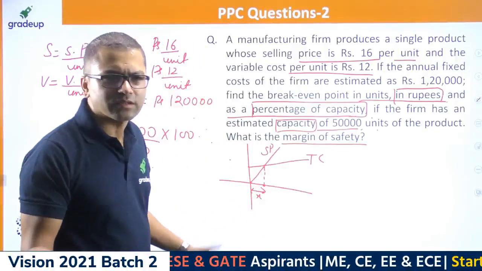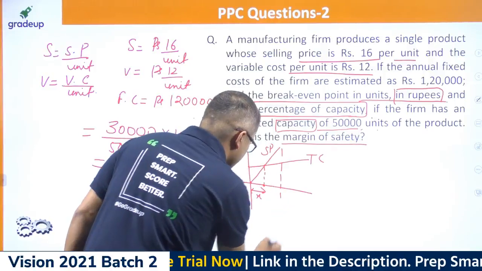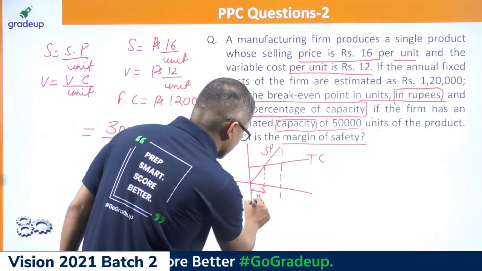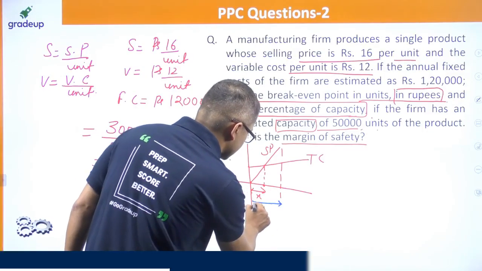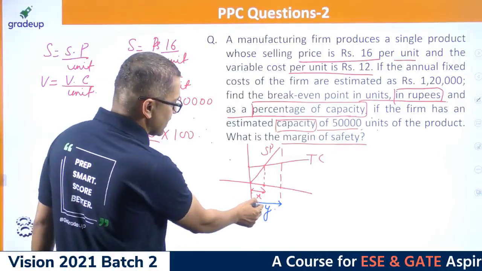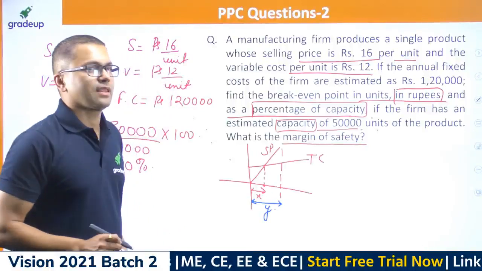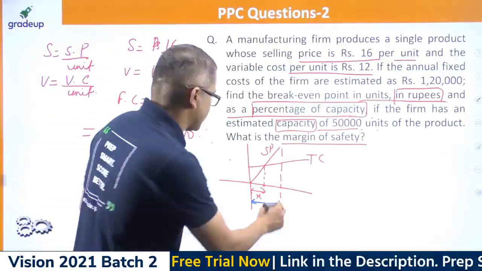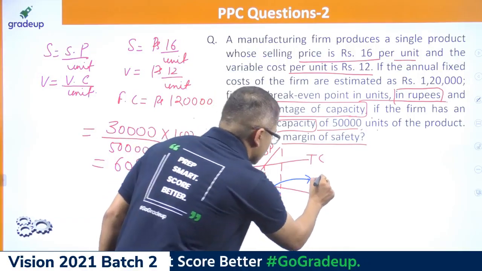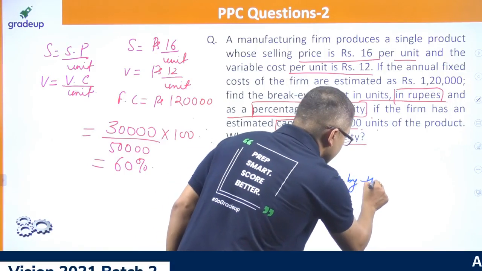So how much more you should make from this? Let's say you made Y. Then Y minus X is the margin of safety, because you are safer by this amount.